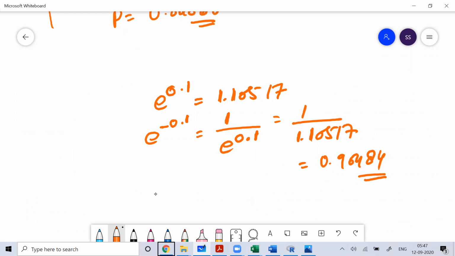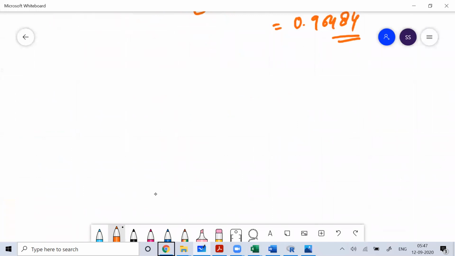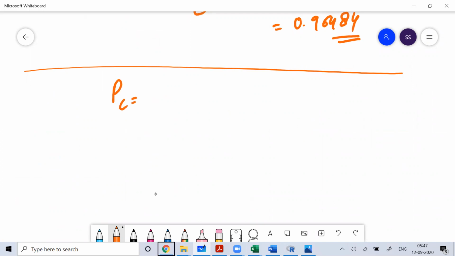Okay, so in the same way, if I have to do it using the Black-Scholes-Merton model, the premium on a call option is S N(d1) minus K e to the power minus rT into N(d2). How to find N(d1) and N(d2)?